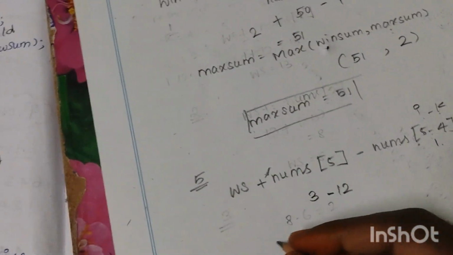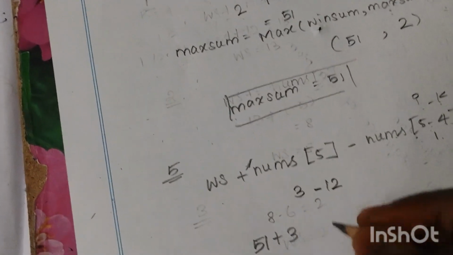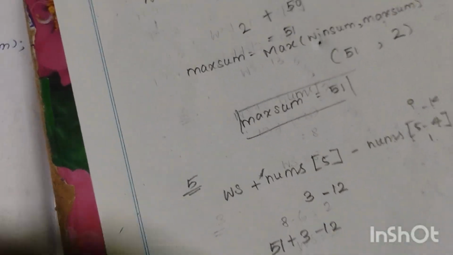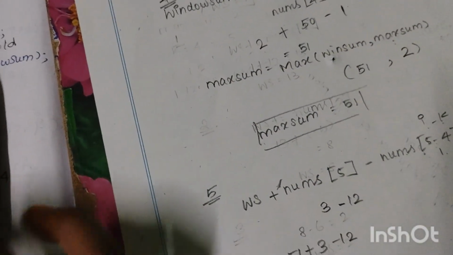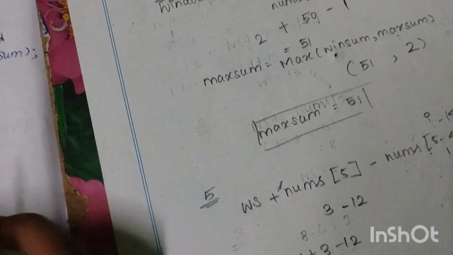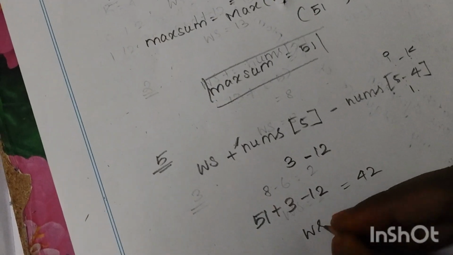So already our window sum is 51. In that we are adding 3 and then removing 12. So what we will get? 51 minus 12 plus 3 is equal to 42. 42 is our current window sum.